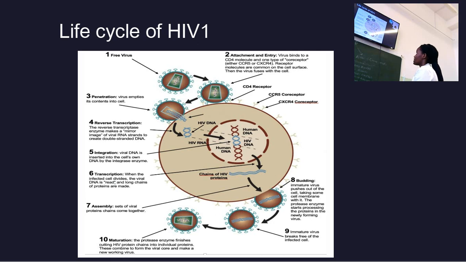Then we have transcription, where the viral strand and the normal cell strand form the double helix of the DNA of that cell, in the nucleus. And then they assemble, and after assembling, the virus is taken out to go and affect another cell.